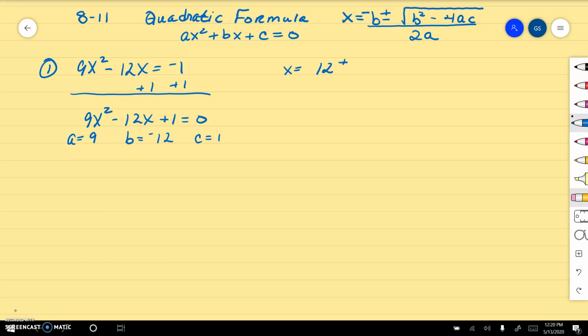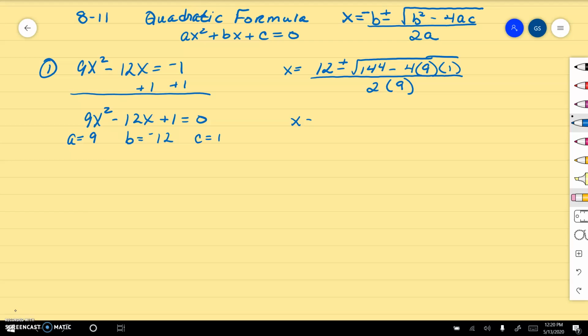So 12 plus or minus the square root of b squared, -12 squared is 144, and then minus 4 times a, which is 9, times c, which is 1, all over 2 times a, which is 9.